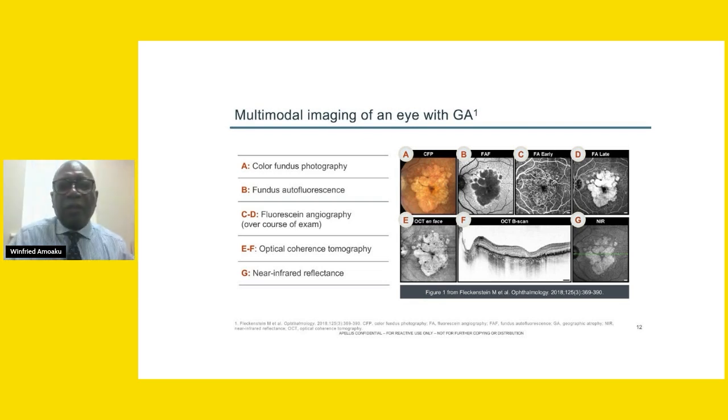So you see, this patient has an OCT scan in the middle of the bottom panel, whilst the top panel has the color fundus photograph, fluorescein angiogram, autofluorescence, and so on. If you combine that with all the other bits, you have a better picture, particularly when you're trying to follow the progression of geographic atrophy.